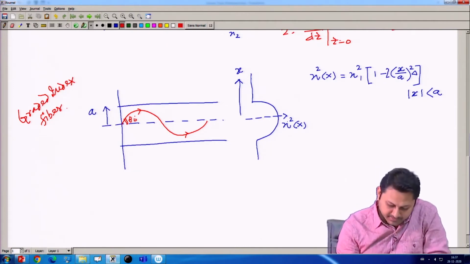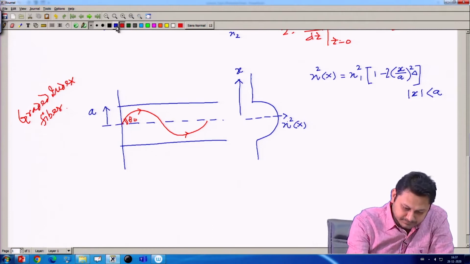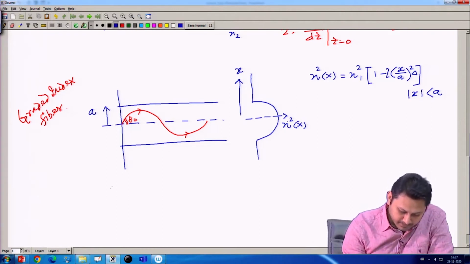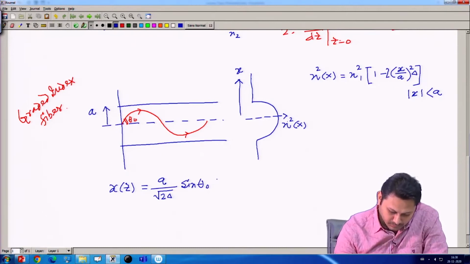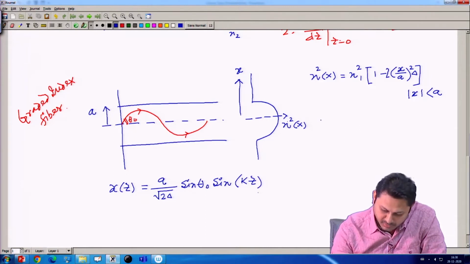So, let me write it here, that x of z was a divided by, after putting the boundary condition, sin theta 0 and then sine of k z.